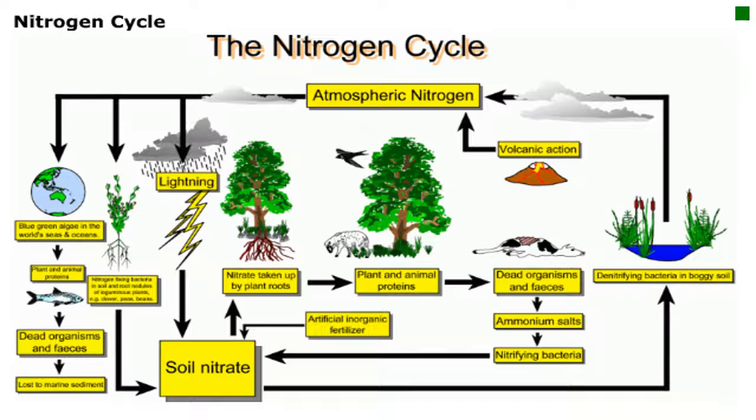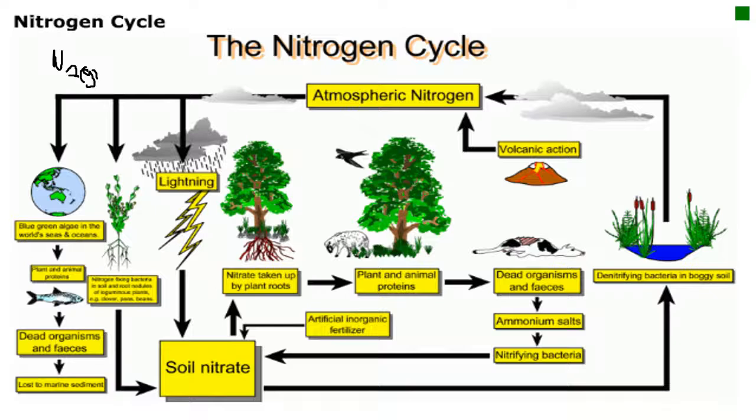For example, nitrogen exists as N2 gas in the atmosphere, and it can be broken down in various ways. For example, lightning can break nitrogen down and make it into oxides, which are readily available to plants.